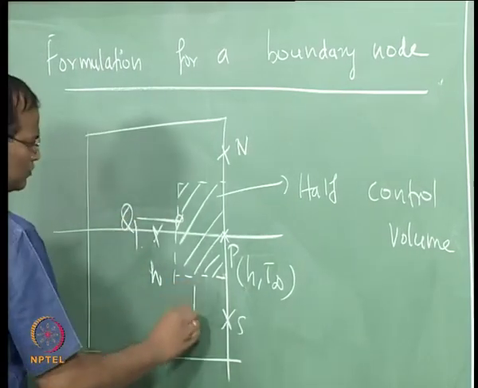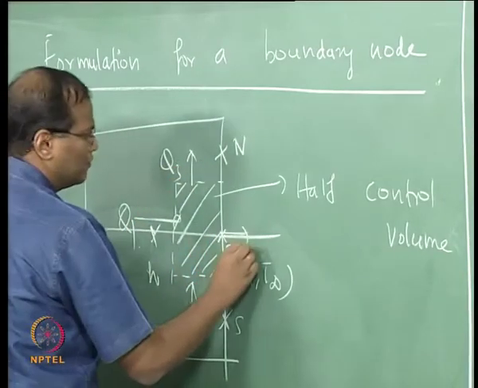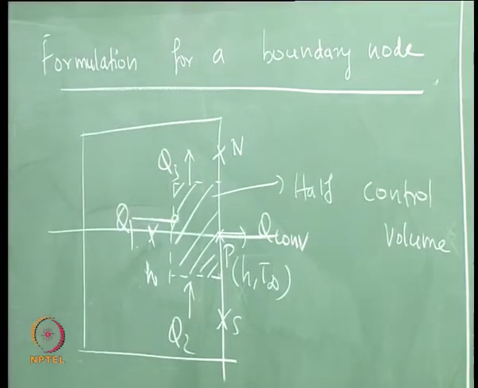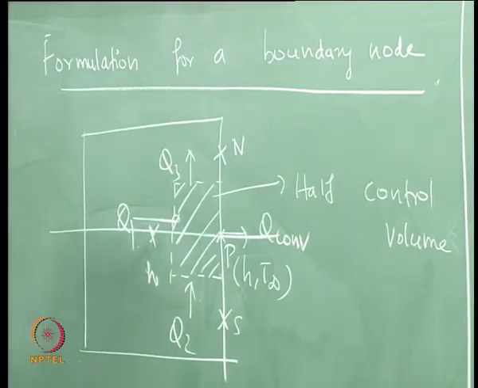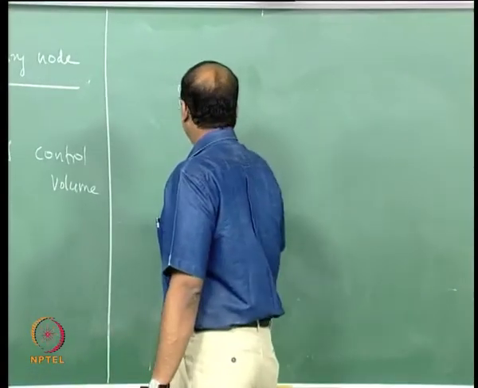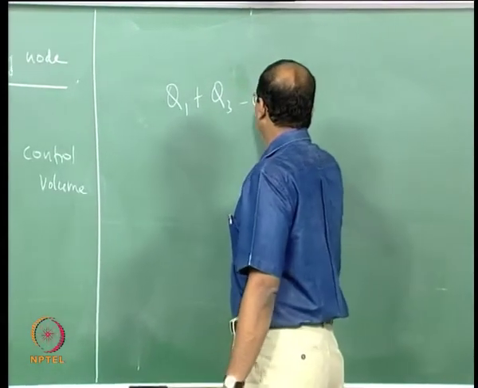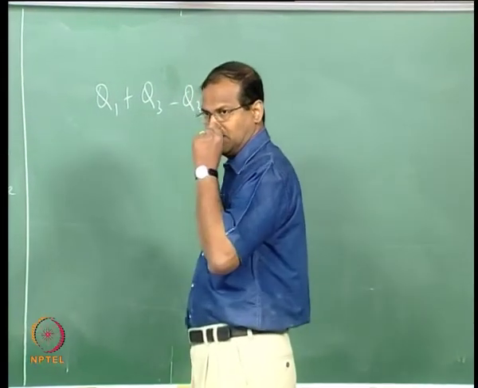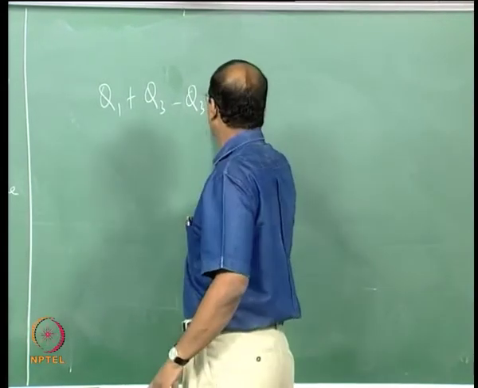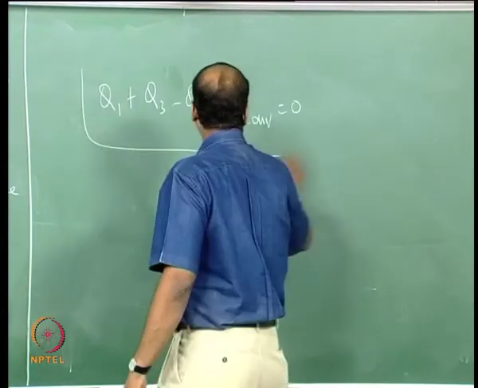Q1, Q2, Q3, Q convection. Is that correct?